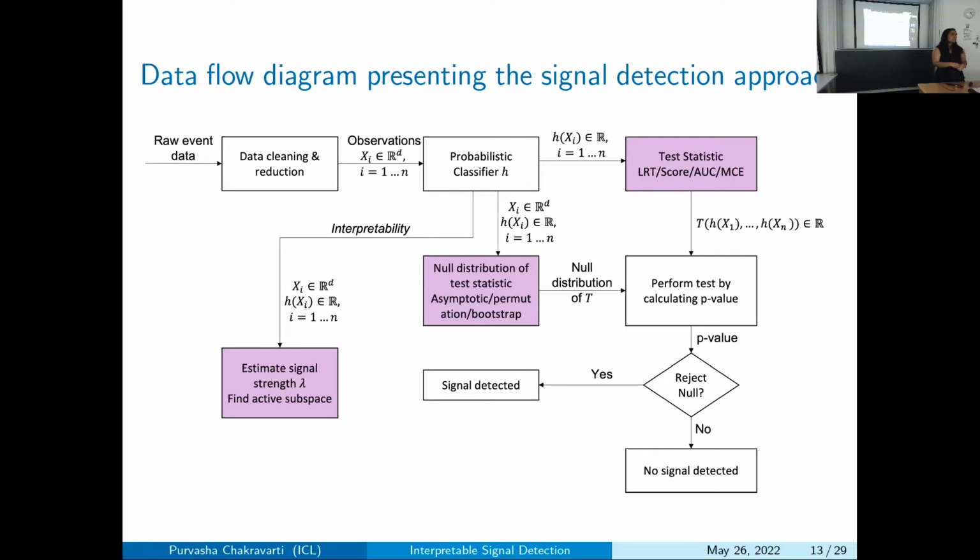You could use any of the three test statistics. For each of the test statistics, we have all of these methods. So if you consider LRT, AUC, and MCE, and then these 3 methods, you have 9 different combinations. Technically in permutation, we have 2 different permutations, so it's like 4 into 3.